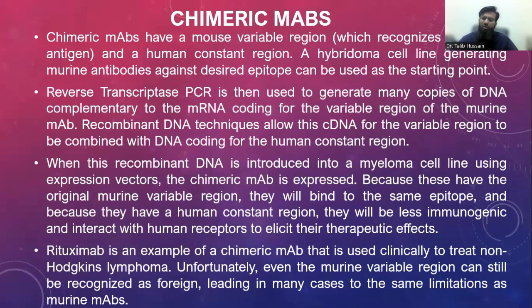So we can reduce the immunogenic response by multiple factors. For example, by 75%, if we can use a constant human region. So the hybridoma cell line generating murine antibodies against the desired epitope can be used as a starting point. Then we can use reverse transcriptase PCR, in which we can make DNA copies which are complementary DNA copies.